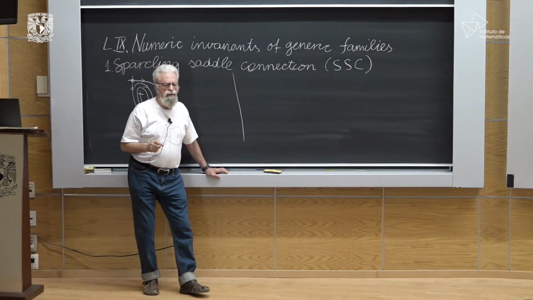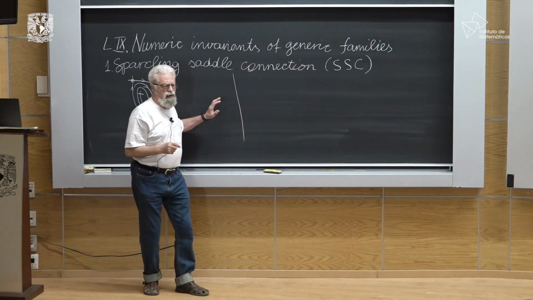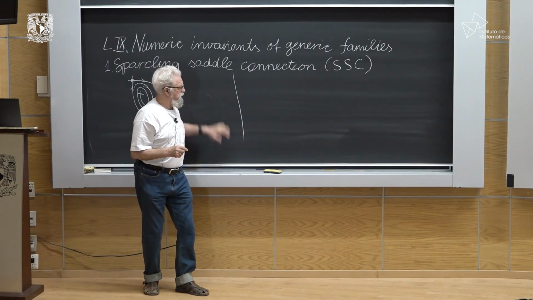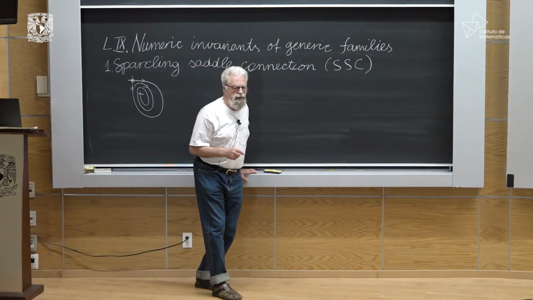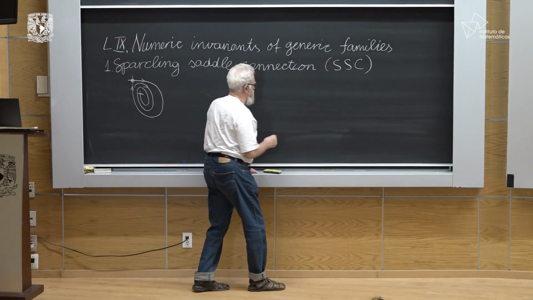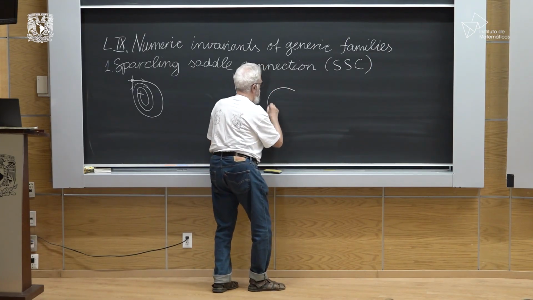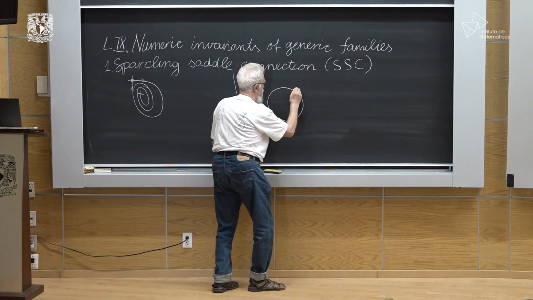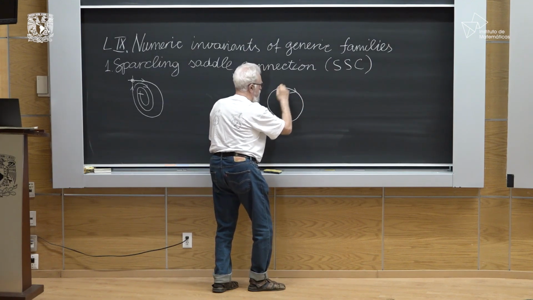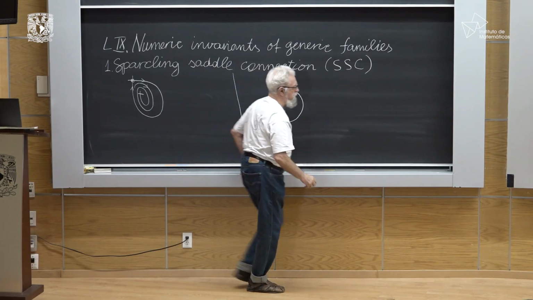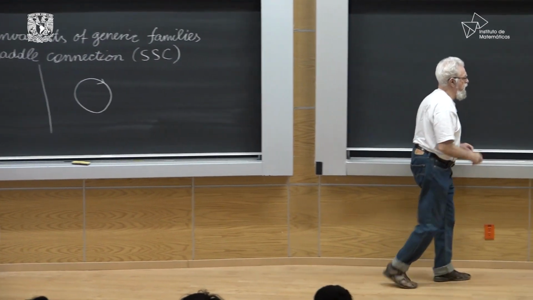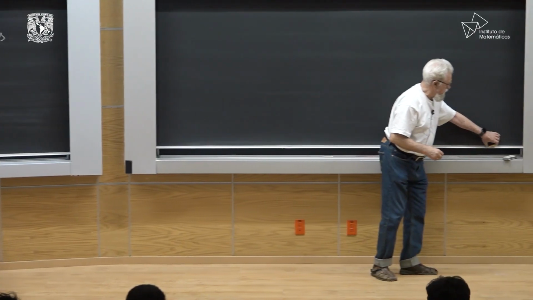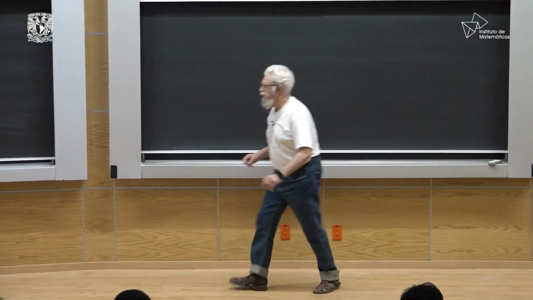And for those who hardly caught the picture that I plotted here, and I will repeat a little bit later, I want to show another picture of sparkling saddle connections. Consider a non-hyperbolic limit cycle. That is, the orbits from outside do wind to the cycle, and from inside do wind from the cycle.